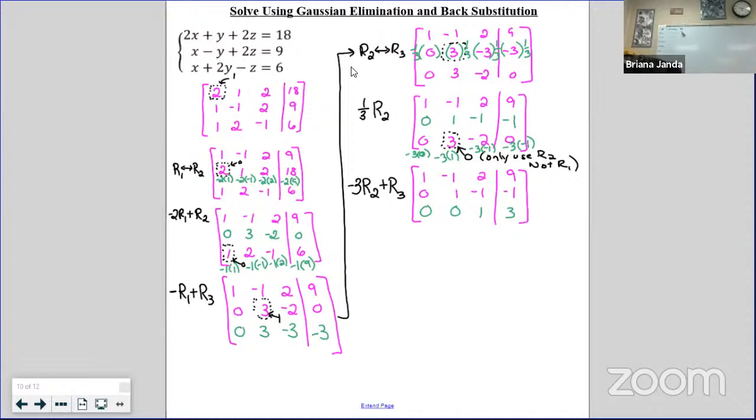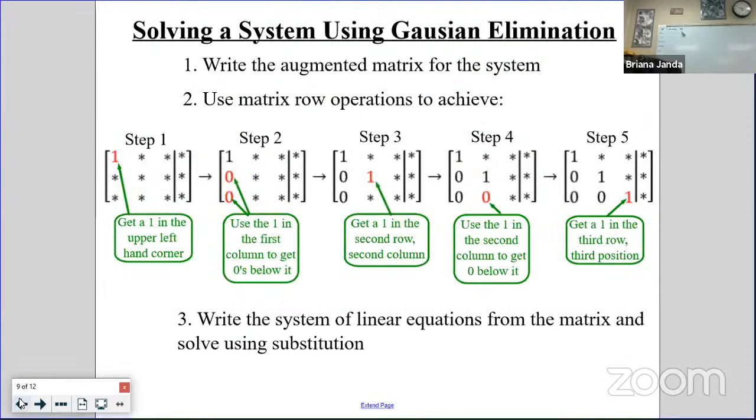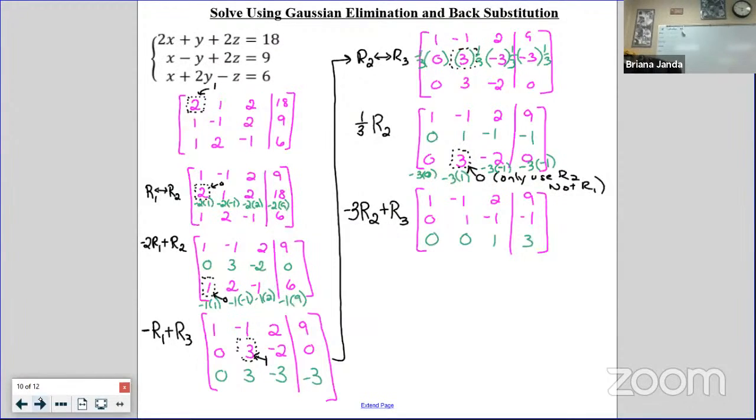Okay, so as we look at our steps, we have now accomplished all of this. The last thing you're going to do is write that system and do back substitution to finish solving. So what does that look like at this point? If I translate this back into a system, these again are my coefficients of my variables.